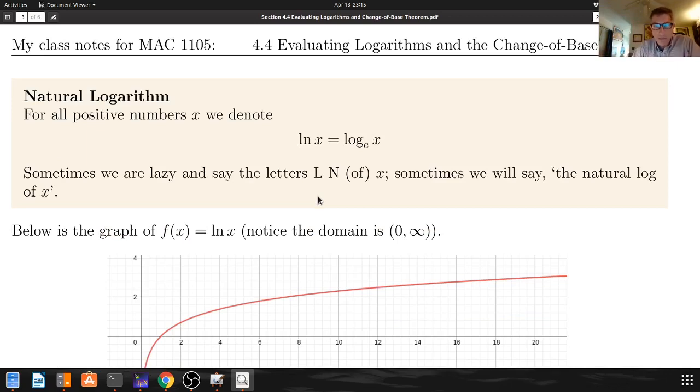But if you use ln of x, then there's no ambiguity. Here you mean log to the base e, where e is Euler's e. So we are lazy, and we say ln of x for this right here. Or sometimes we'll say the natural log of x. I'll almost always be lazy and say ln of x.